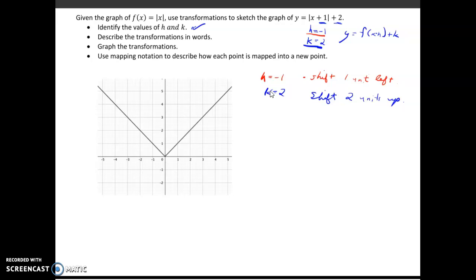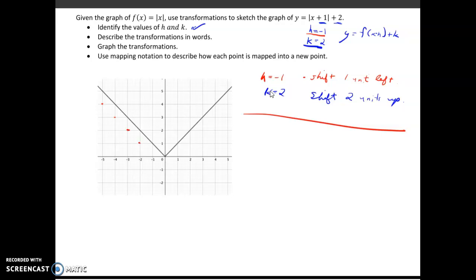I am going to choose to graph the shifting left 1 unit. So in essence, I simply take each and every one of these points and shift them 1 unit to the left. I take this one and shift it 1 unit over to the left. Take this one and I move it 1 unit over to the left. I take this one and move it 1 unit over to the left.